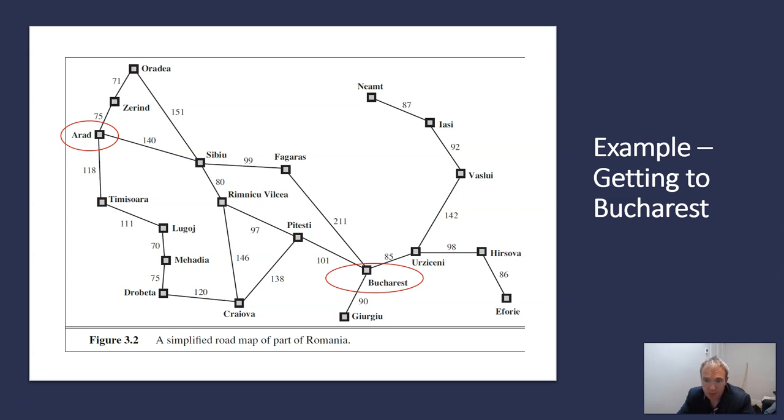So in that case, it makes sense for the agent to adopt the goal of getting to Bucharest. Now, adopting this goal enables us to disregard any courses of action that don't reach Bucharest in time for us making that flight. So the decision problem is greatly simplified by doing that.